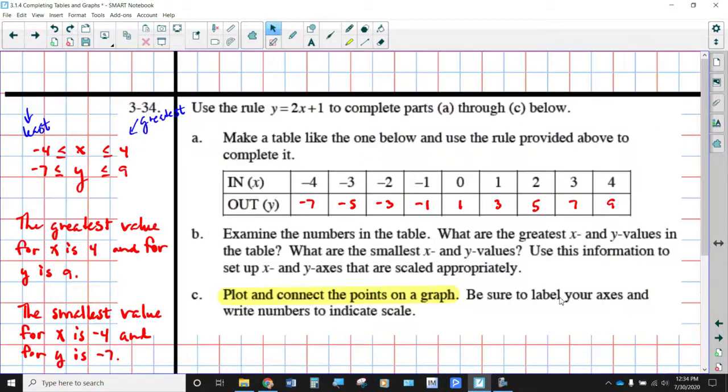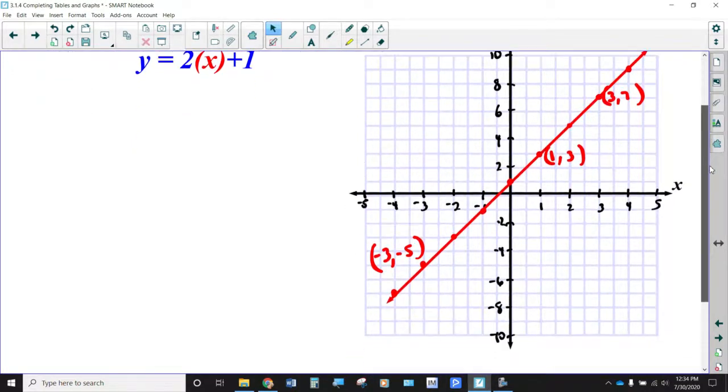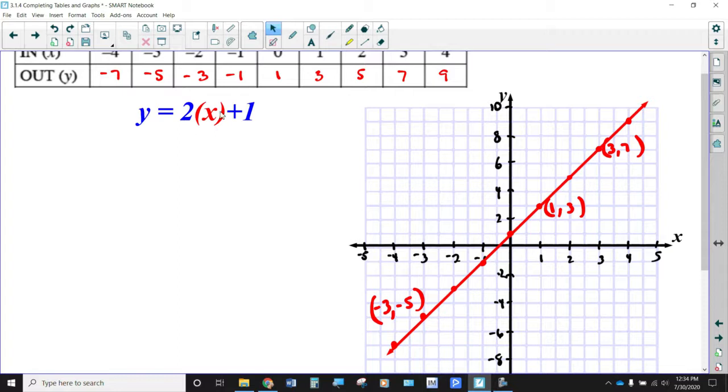Okay, so one other thing to consider is it says plot and connect the points. Remember in our previous lesson when we talked about the difference between discrete and continuous graphs? Whenever you have a rule, you can technically make up any number you want for x, including all the fractional numbers. So anytime you're graphing a rule, you should connect the dots.